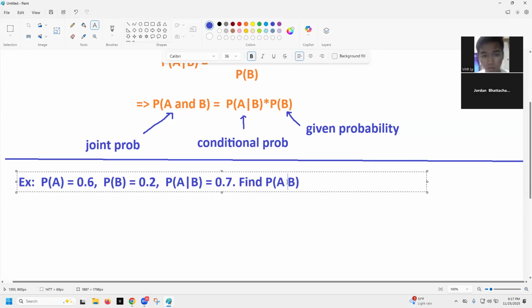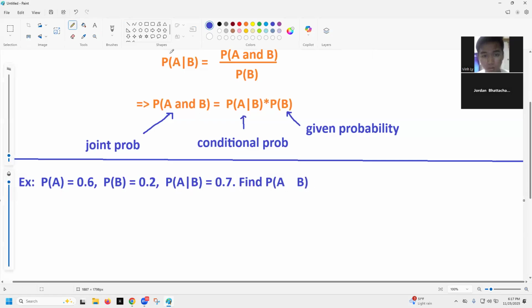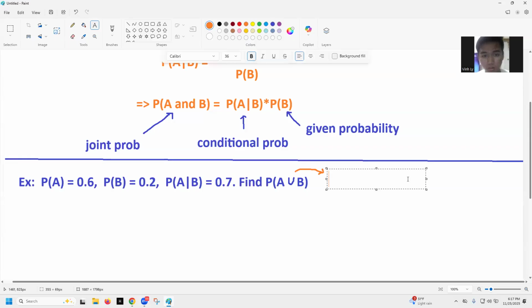So very likely that you're going to see a little syntax like the letter U. So this is what we have to find, the or.